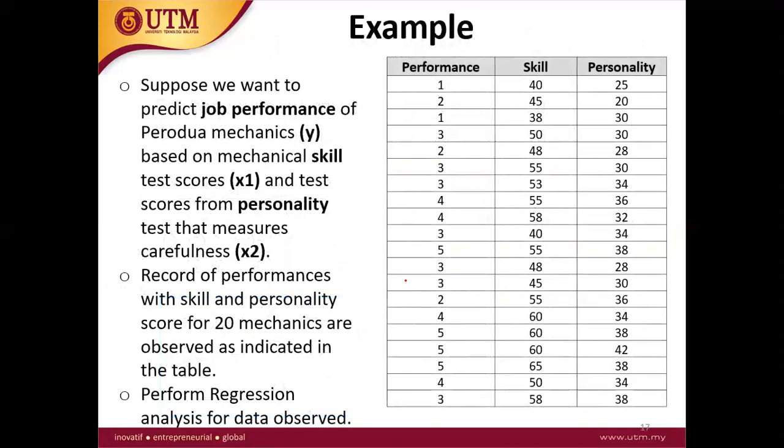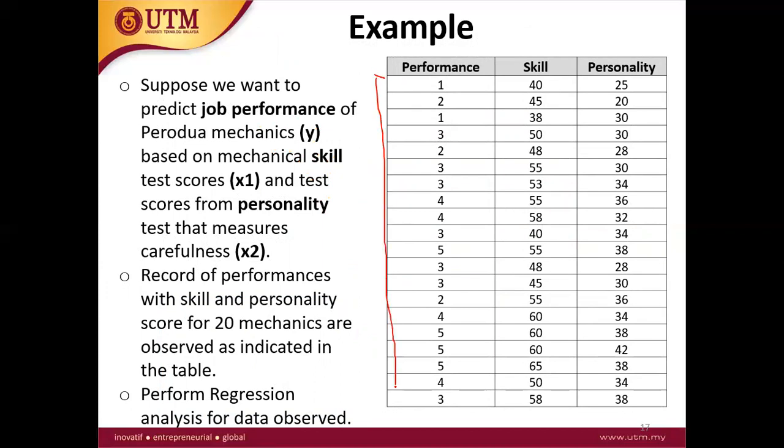Now we go to the example. Suppose we want to predict the job performance of Prodwell mechanics based on a mechanical skill test and a personality test score. So there are two tests taken by 20 staff.